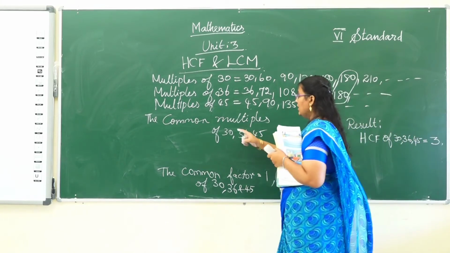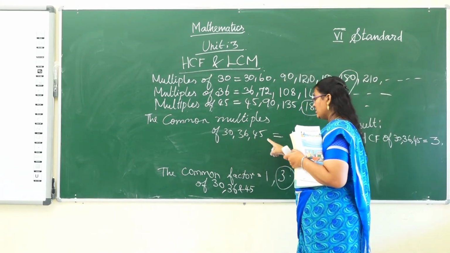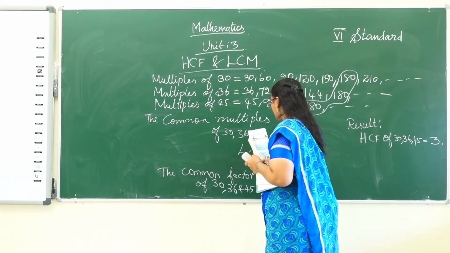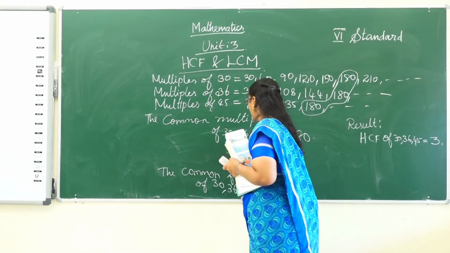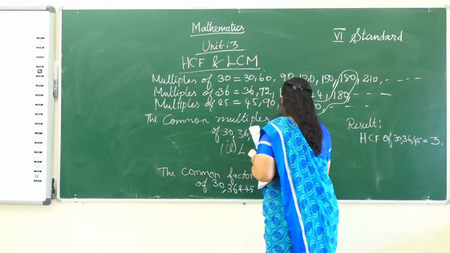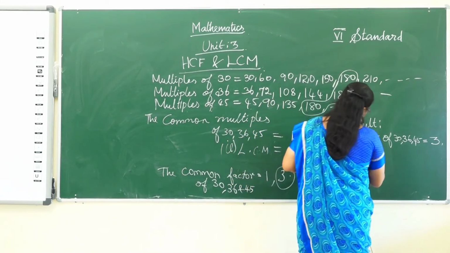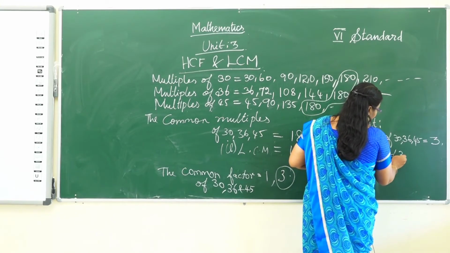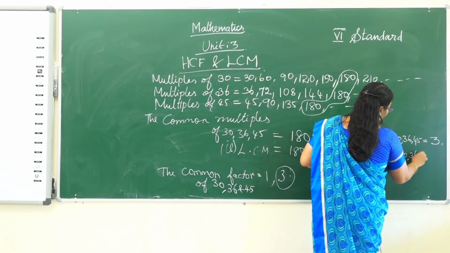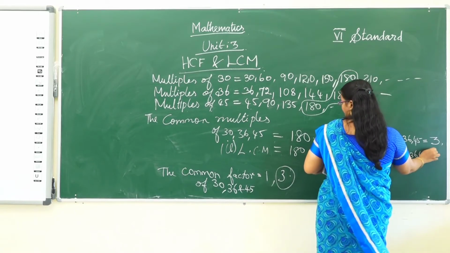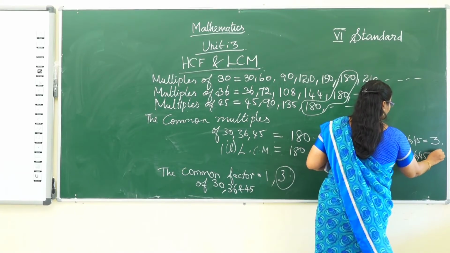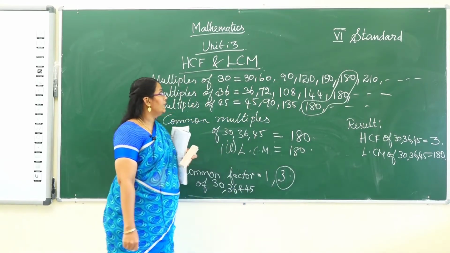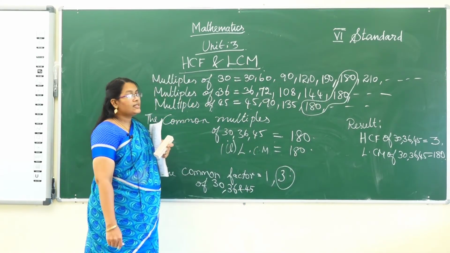And next, the common multiple of 30, 36, 45 is 180, so that is the least one as well. So LCM of 30, 36, 45 is 180. I hope you all understand the HCF and LCM.